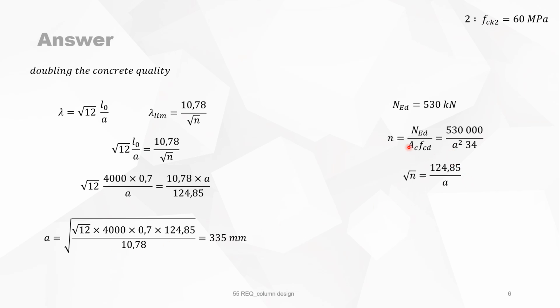The only difference, of course, is fcd. From the 60, it's 0.85 times 60 divided by 1.5. So that's the only difference in the whole equation. Then the size of the column is 335 millimeters.